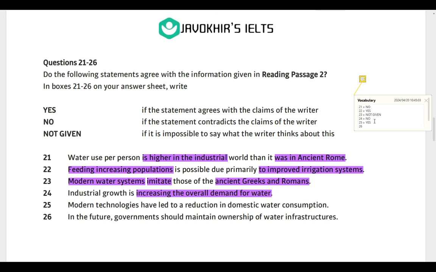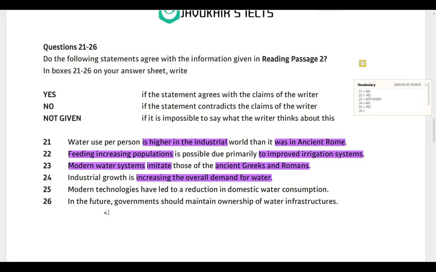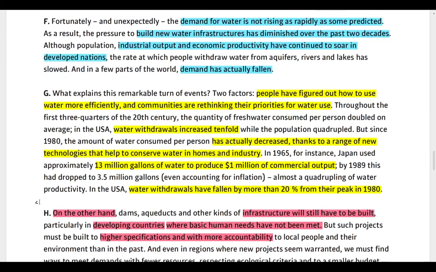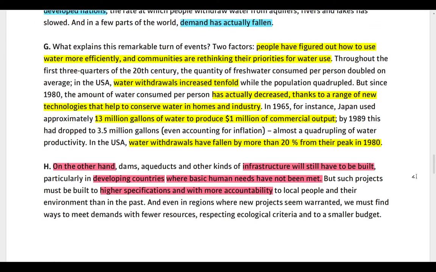Now let's go through question number 26. In the future, governments should maintain ownership of water infrastructure. So the keyword, maintain ownership. Who should maintain? Governments. However, we remember that infrastructures will have to be built in developing countries. That's number one.